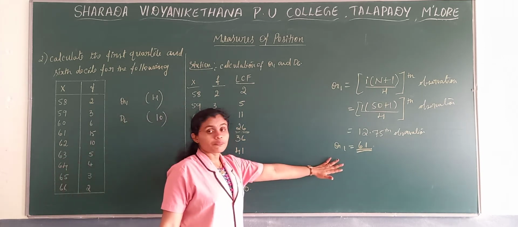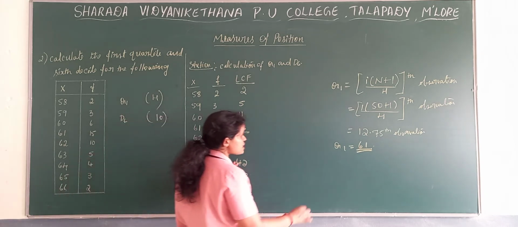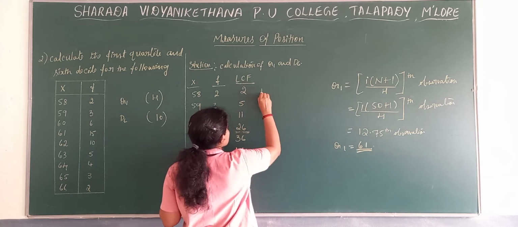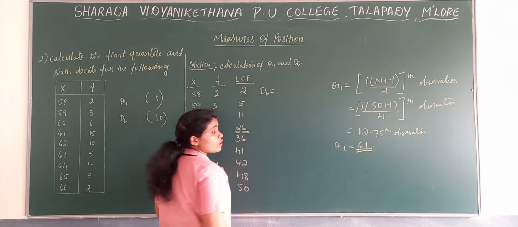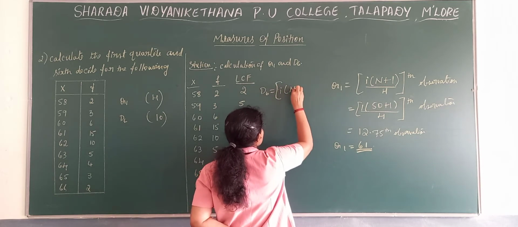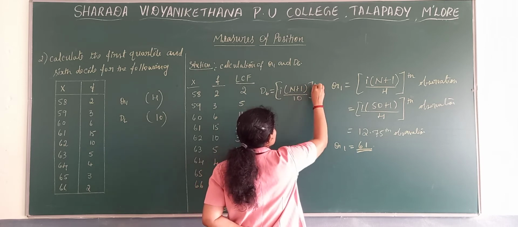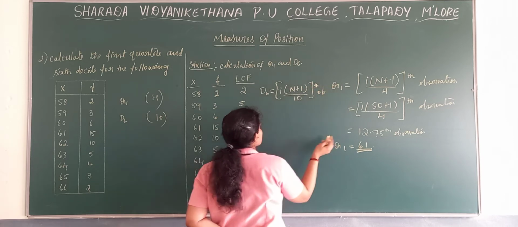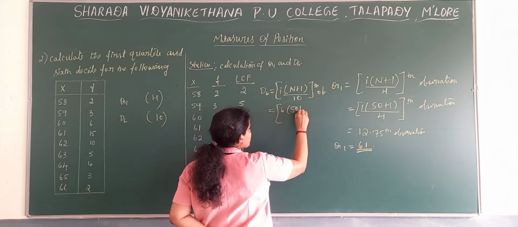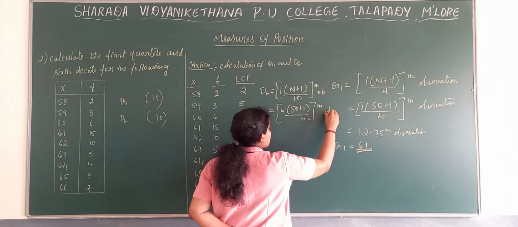Now next we need to find D6. D6 is equal to, writing the same formula, i into (N plus 1) divided by 10 observation. Here i is 6 and N is 50, plus 1, divided by 10.